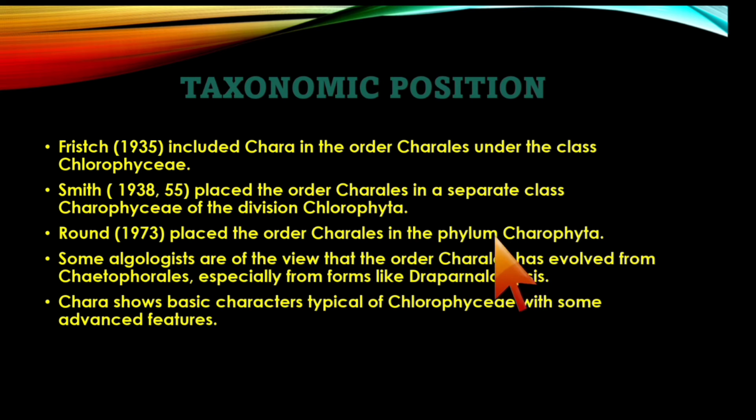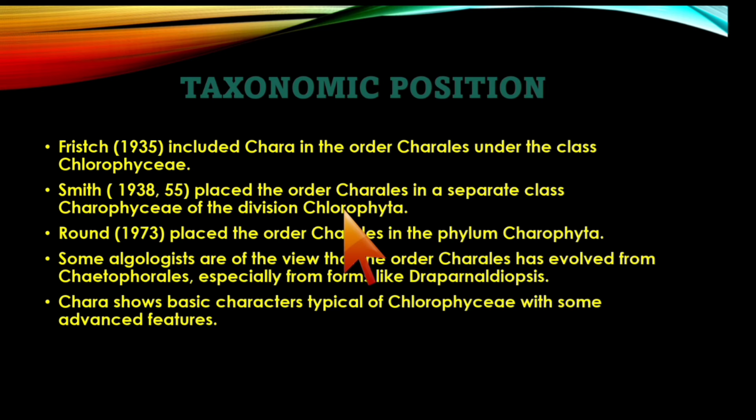Charophyta. But if you remember, in this Chara species, the photosynthetic pigments, the nature of the cell wall, the food reserve, the structure of flagella in the antherozoids, and the life cycle of Chara are typically chlorophycean.